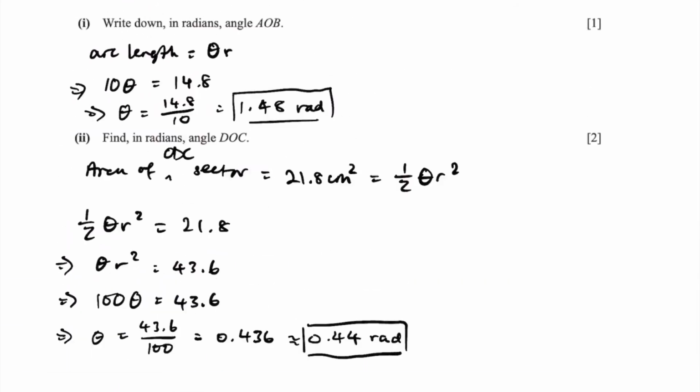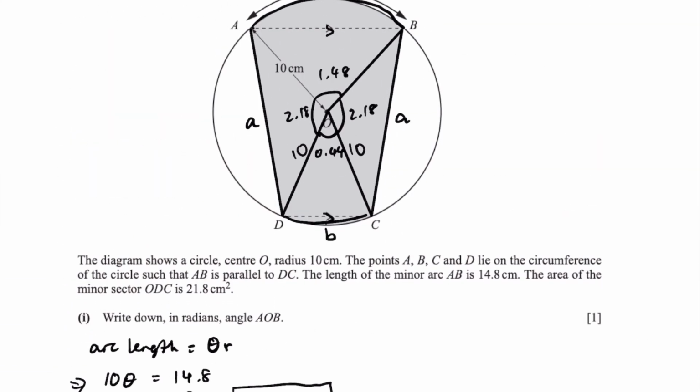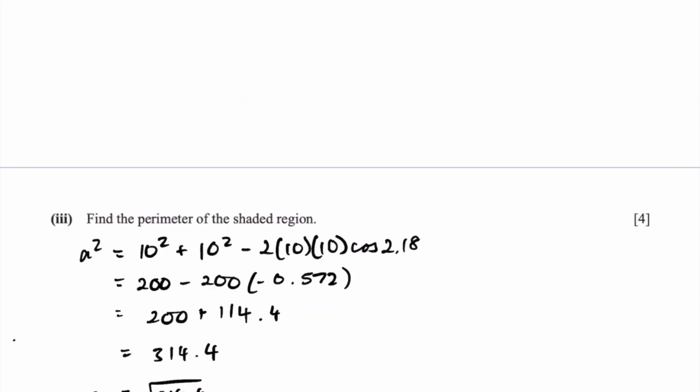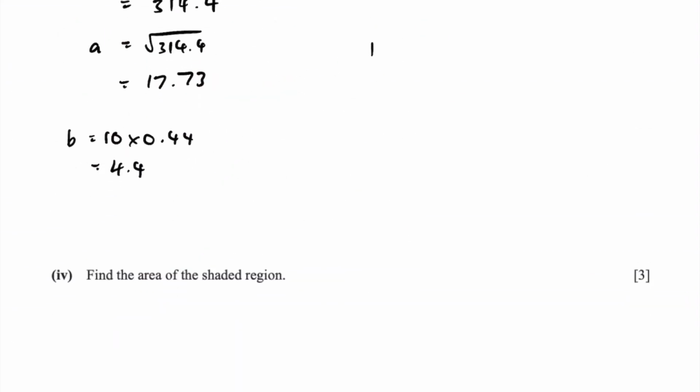We just add them all up. So we add up 14.8, the top part here, plus 2 times A, which is 17.73, plus 4.4.